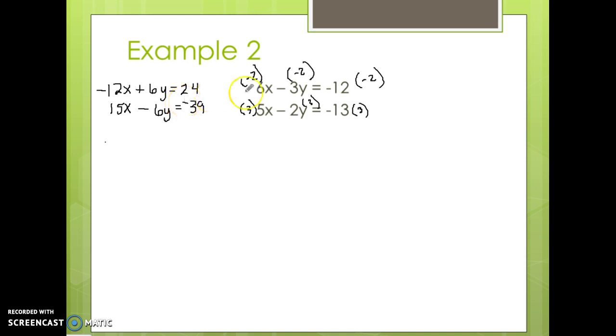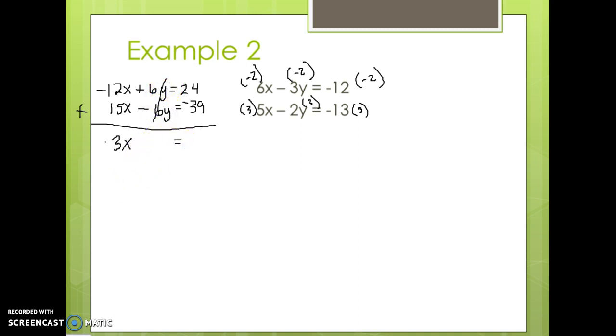So now, after multiplying a common factor through the entire top equation and a common factor through the entire bottom equation, I have opposite coefficients. Now I can just add the two equations. Negative 12 plus 15 would be a positive 3. The y terms cancel out. They equal 0.